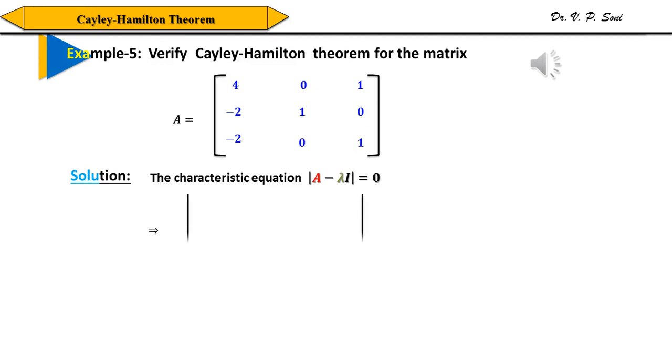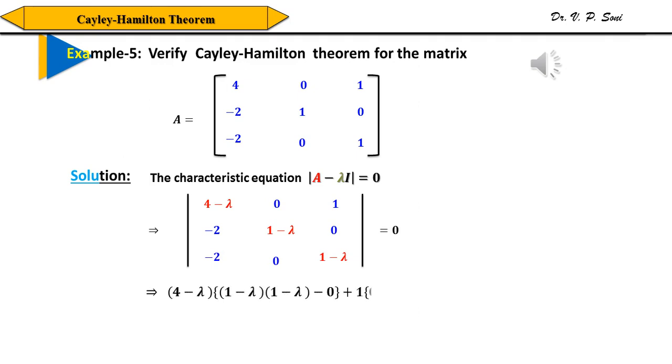This implies determinant whose first row 4 minus lambda, 0, 1, second row minus 2, 1 minus lambda, 0, third row minus 2, 0, 1 minus lambda equal to 0. Now find the value of the determinant and put equal to 0. Then we get lambda cube minus 6 lambda square plus 11 lambda minus 6 equal to 0, which is the characteristic equation of the matrix A.